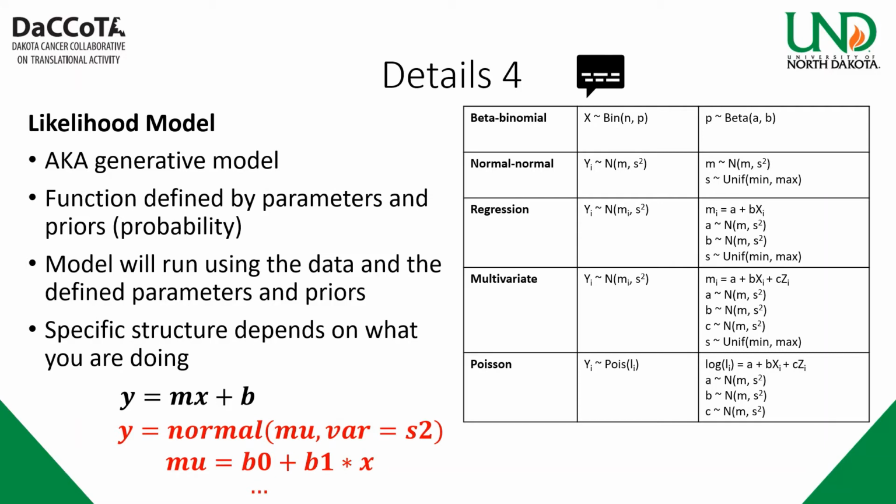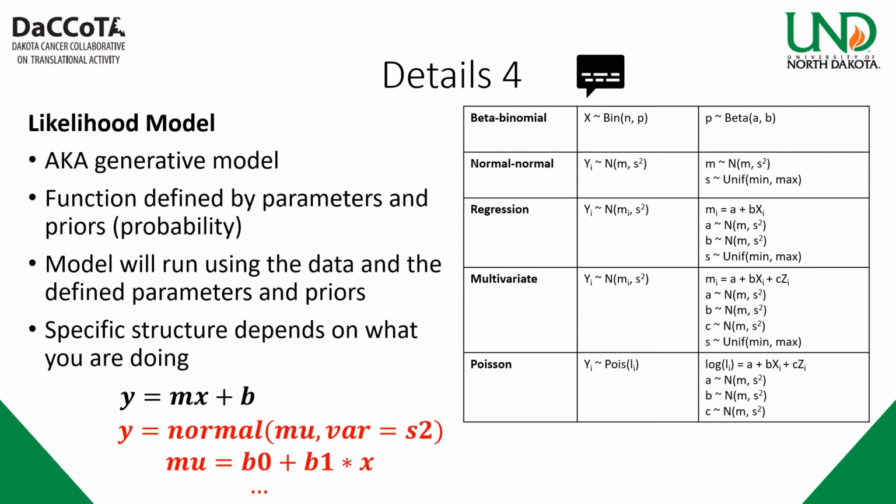So there's the beta binomial. It models x as a function of the binomial, n the number, and p the probability, where the probability is itself a beta distribution with a and b as our shape parameters. Normal: y for each iteration is normally distributed with a mean and standard deviation. The mean is itself drawn from a normal distribution with a mean and standard deviation.